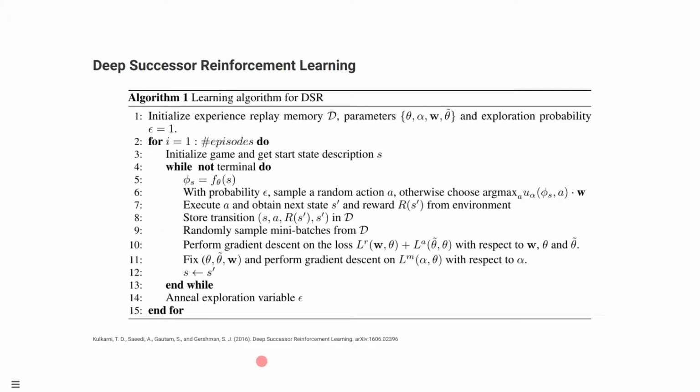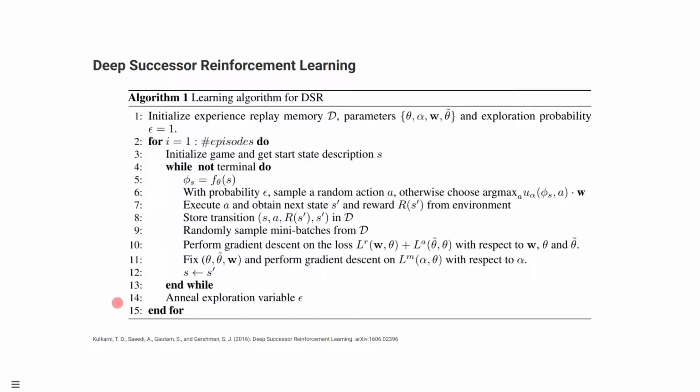So here is the algorithm as I published in that paper. It's off-policy. We have a Q-learning-like algorithm, so we can use a replay memory. We initialize some target networks, and then we do transitions, sample actions based on the Q values, store them in the replay buffer, sample mini batches from the replay buffer, minimize the different losses, and loop and loop and loop, with annealing for the exploration variable, so epsilon-greedy action selection.